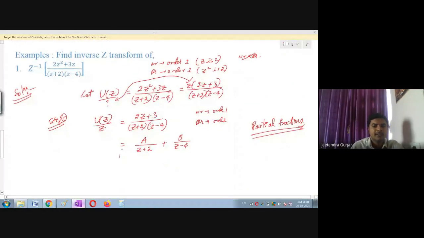Okay, so I will tell you the step now. So this is equal to, that implies you are going to take the LCM here.